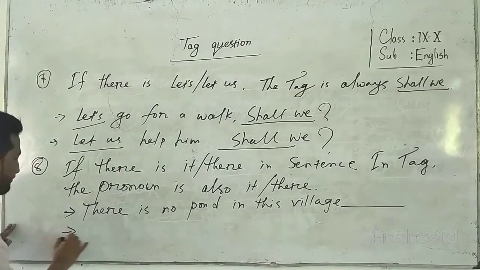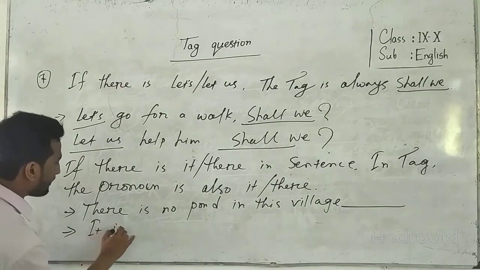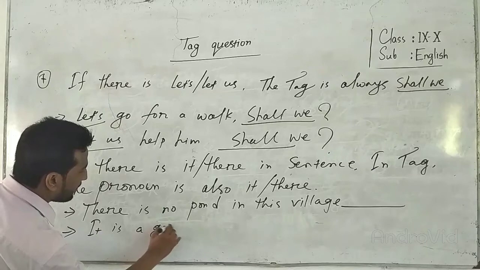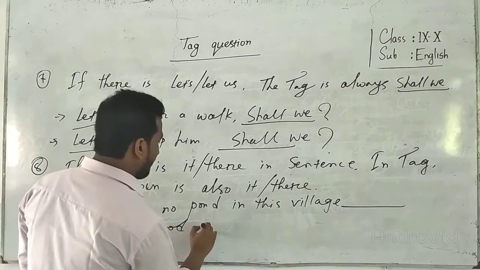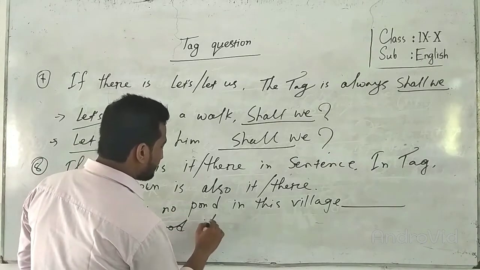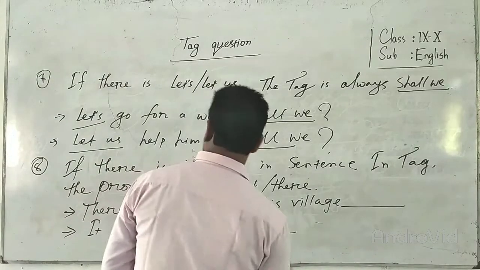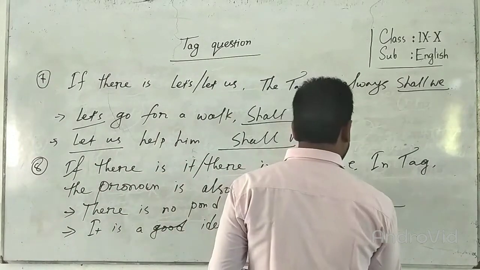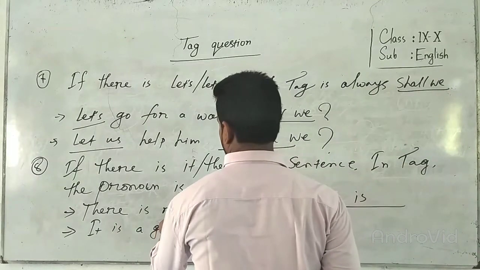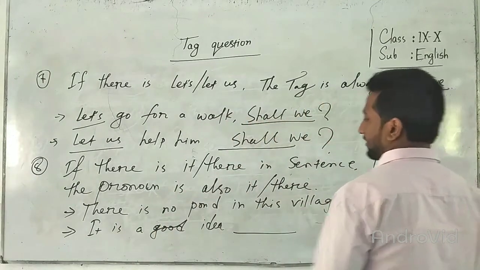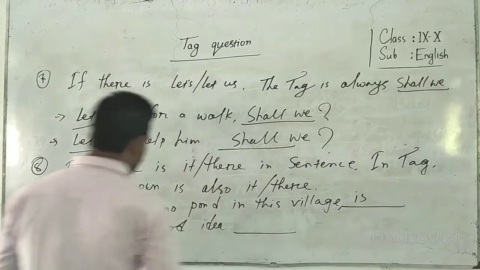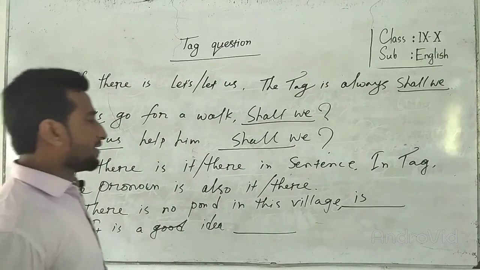Again, it is a good idea. It is a good idea. Here the auxiliary verb is, the sentence is in negative form: there is no pond in this village.